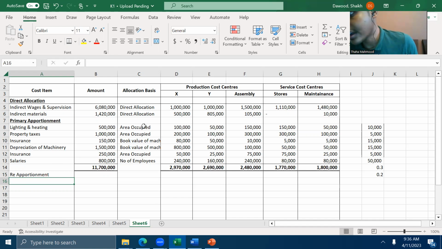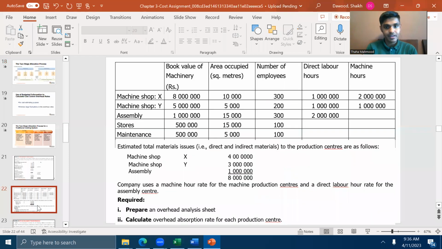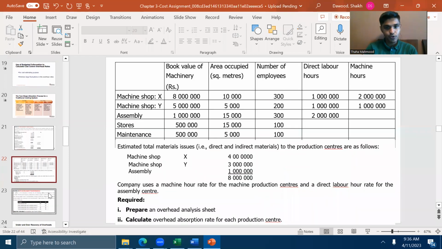When it comes to secondary apportionment, there are four methods: the direct method, the elimination method, the repeated distribution method, and the simultaneous equation method. We have not been taught all four separately, but it's better if you know those four.